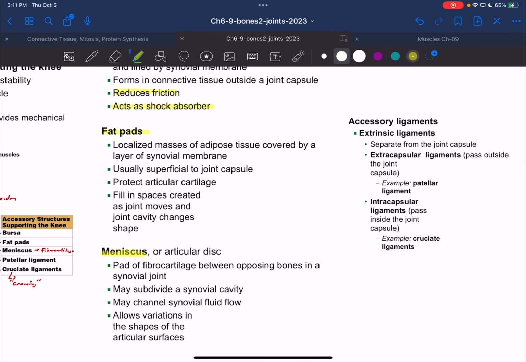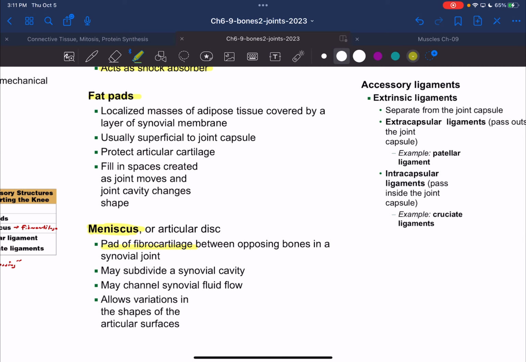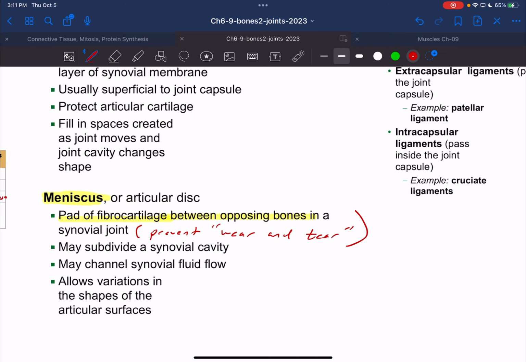The meniscus is going to be that pad of fibrocartilage that protects. I don't have that on there. And we're just saying between opposing bones. Prevent wear and tear on the bones.